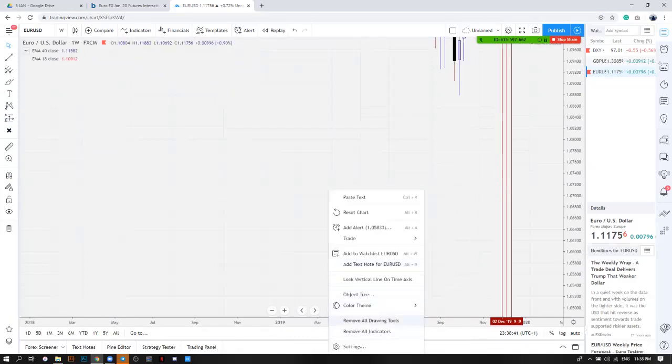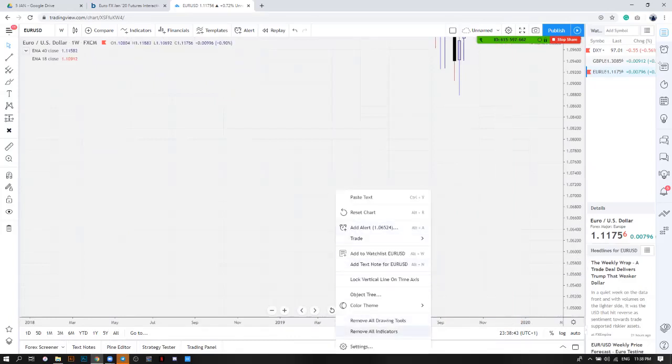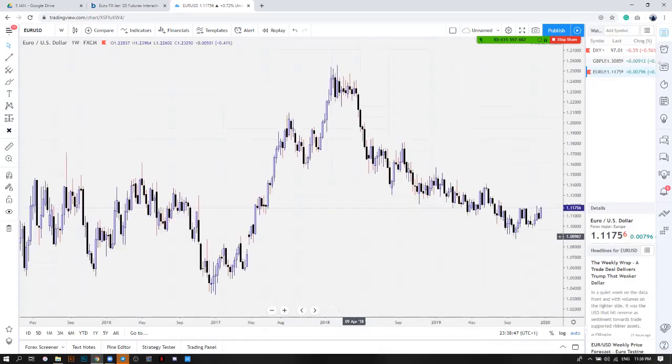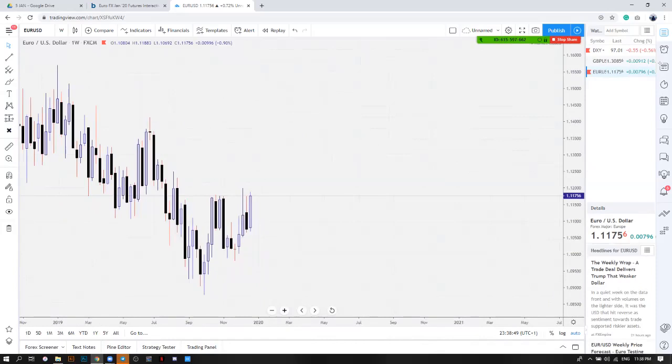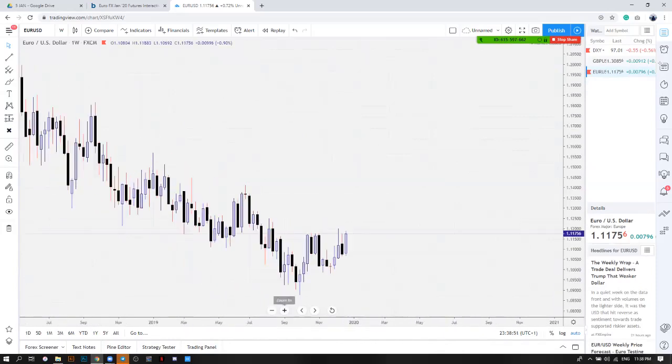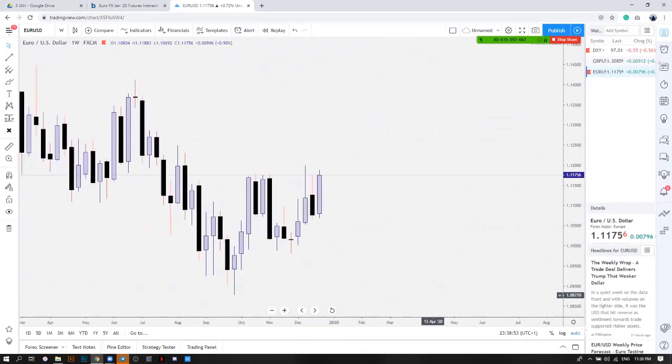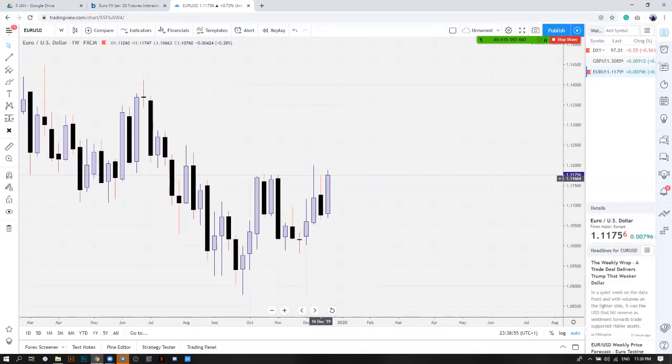Move our drawing tools, move our indicators off the chart. Now, if you notice each weekly candle, there always is the open, high, low, close.